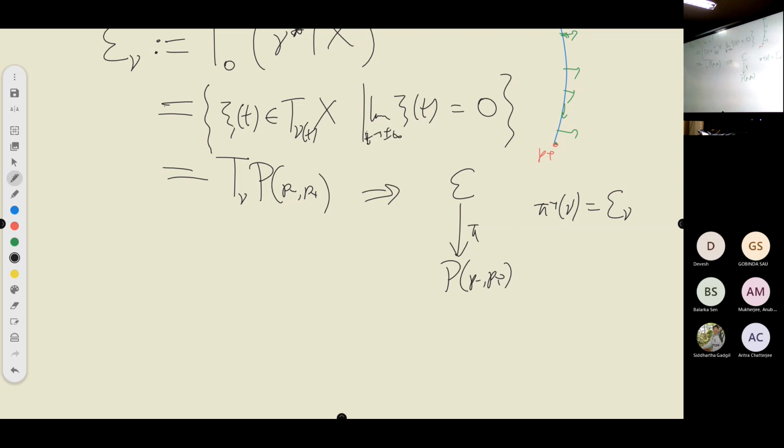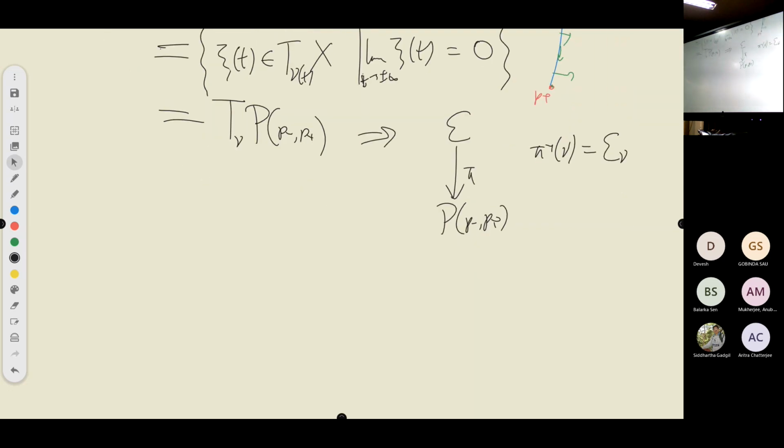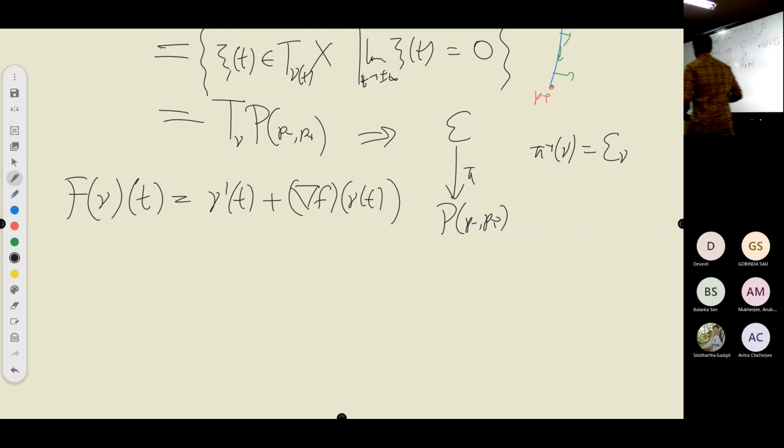Okay, so here's our section. For every path gamma, I'm supposed to tell you a function xi that has those properties. So here's how I define it. It's going to be r prime t plus the second term. Notice that both components lie in the tangent space of X lying over gamma t.